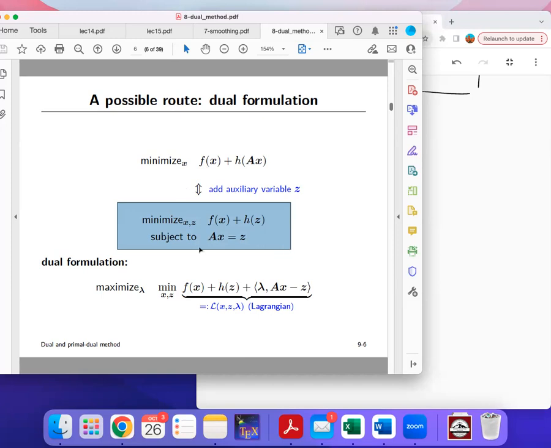The idea is very straightforward. We keep the minimization part of the objective function, and then we move the equality constraint into the objective function by multiplying with a parameter, a vector lambda. So we do Ax minus z multiplied by lambda.